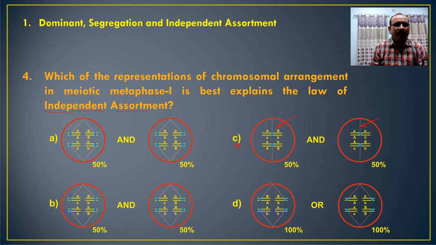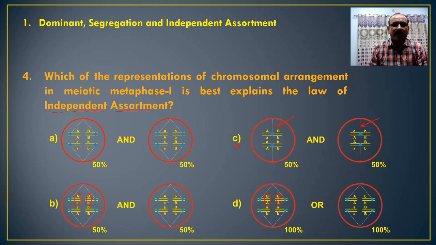If we see option B, small a and capital A are present on the same chromosome, then capital B and small b again on the same chromosome, and similar is the case with the paired or homologous chromosomes. In D again, capital B and capital A are present on the same chromosome, and small a and small b on the other chromosome.